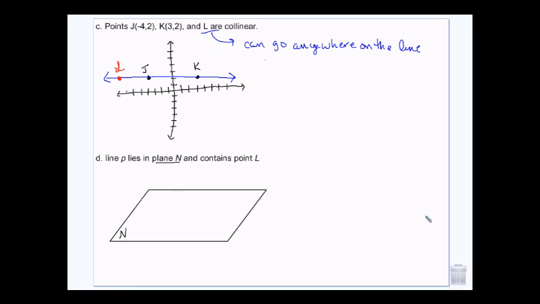I need a line P. Now it's lying in the plane, which means it doesn't go through, it's on top of. So you keep it in the plane like that. And we're going to call it line P. It doesn't have a point, so it's line P. And it contains point L. And put point L anywhere just so long as it's on the line.